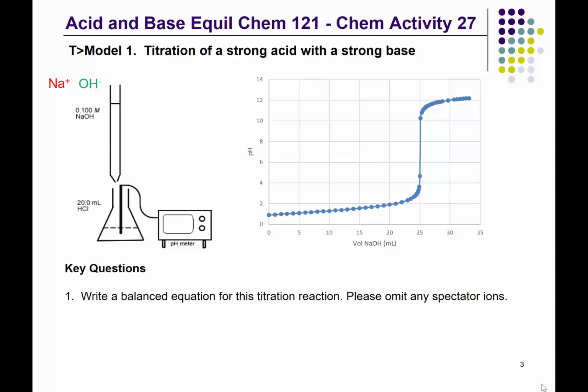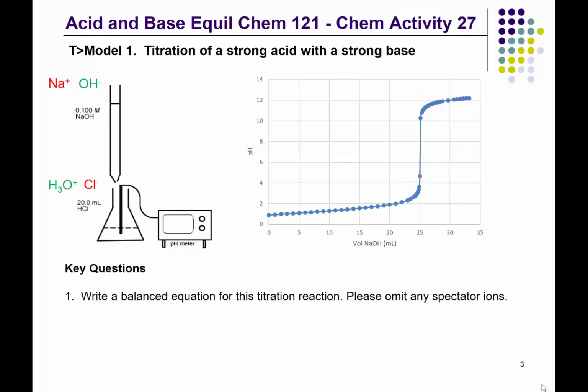What about the hydrochloric acid? Hydrochloric acid is a strong acid that in water will ionize 100% to produce hydronium ions and chloride ions. Once again, we're not concerned about the chloride ions, as these are spectator ions. They do not participate in this reaction.